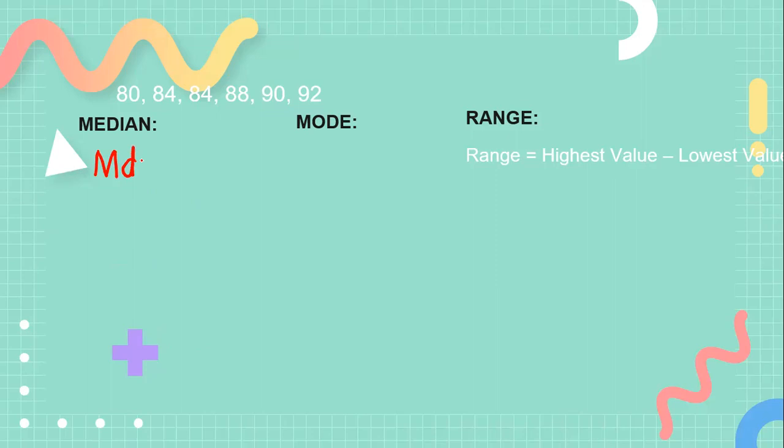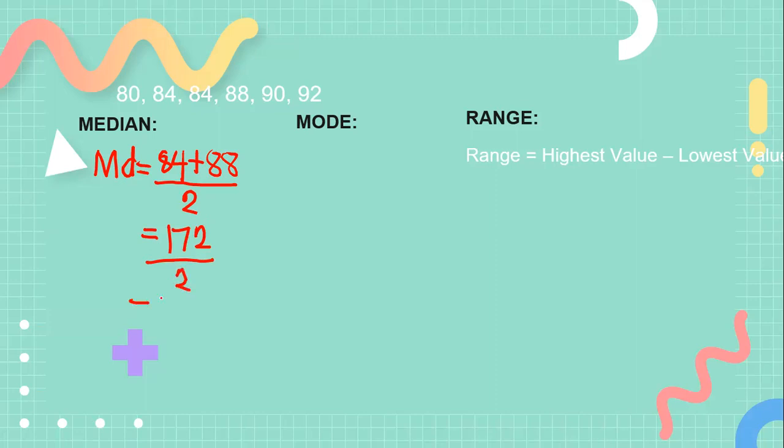So here, MD is equal to 84 plus 88 divided by 2, which is 172 over 2.